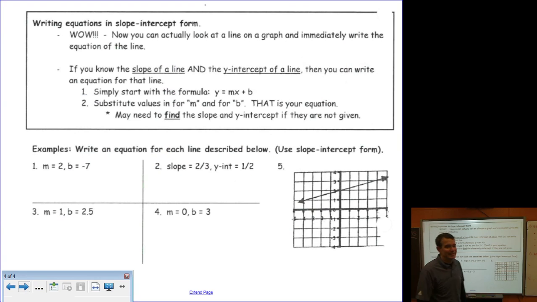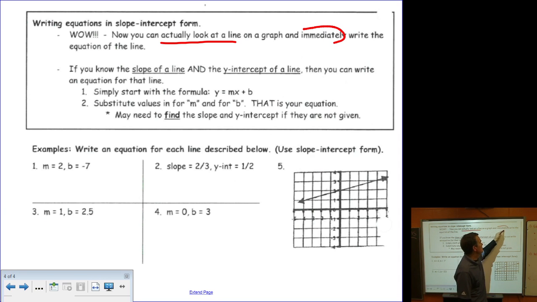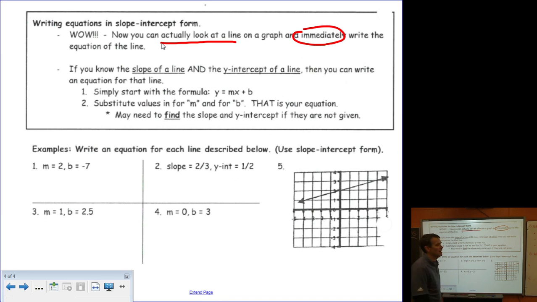So the last thing then is, you've now learned how to take an equation and put it in slope-intercept form and graph the line. The last thing is, can you write the equation for a line? I claim that you can actually now look at a line on a graph and immediately write the equation for the line.